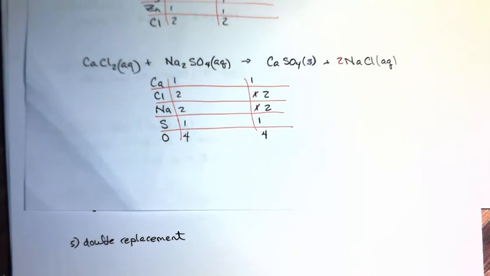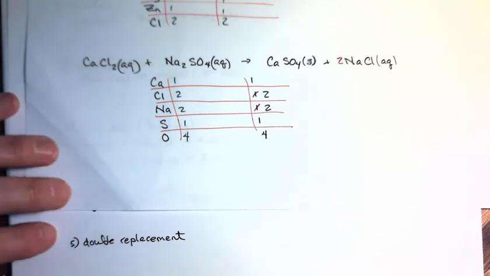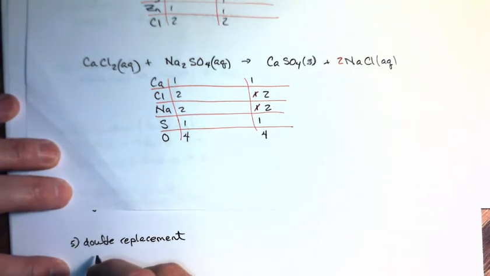Ion inventories only work some of the time. So always use an atom inventory. In this case, if you wrote SO4, it would work, right? You got lucky, okay? But from now on, we want to write an atom inventory and not an ion inventory, okay? All right, so here's our example.